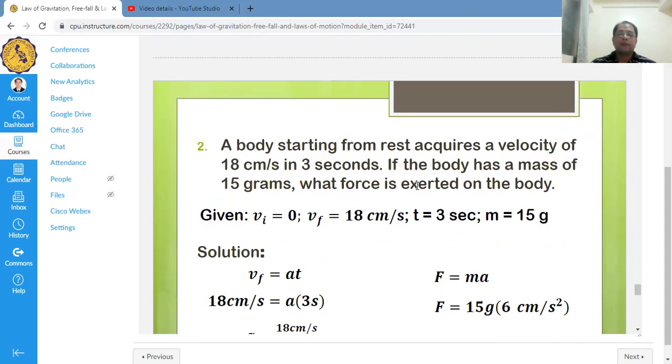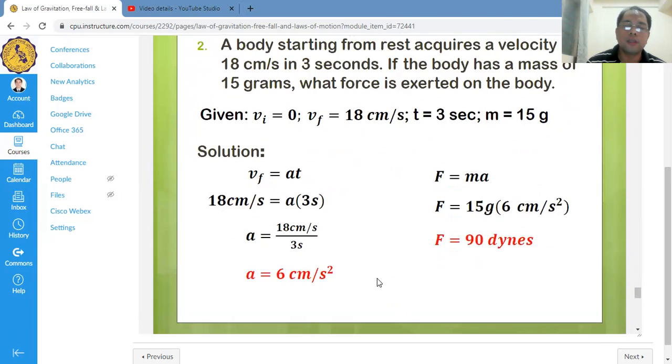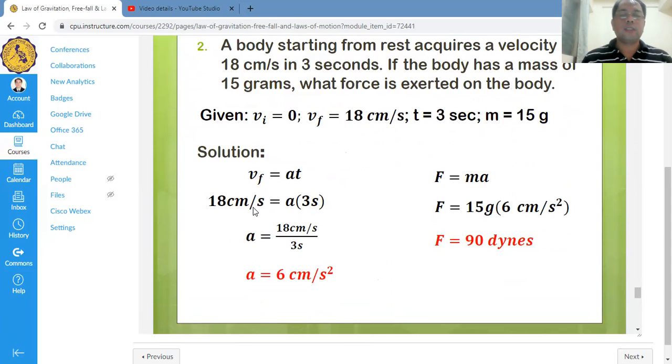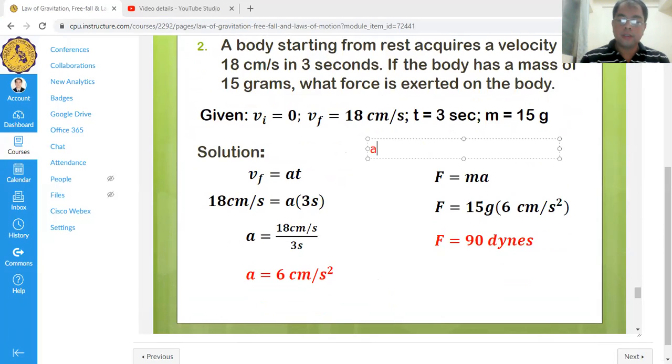So in this problem, we first calculate the acceleration. The acceleration can be determined by subtracting the initial velocity, v sub i, from the final velocity, vf, and dividing the whole thing by time.